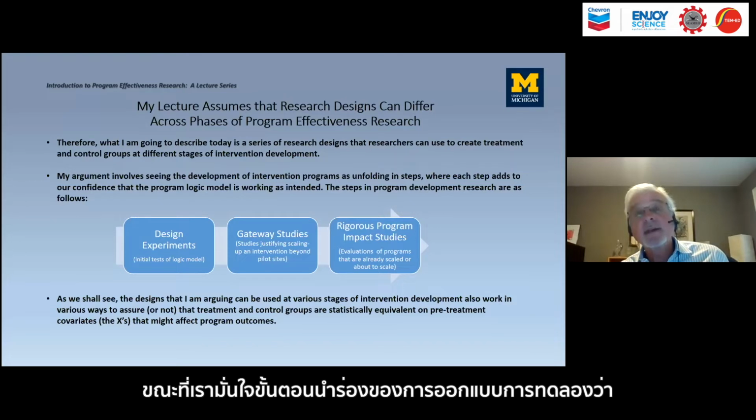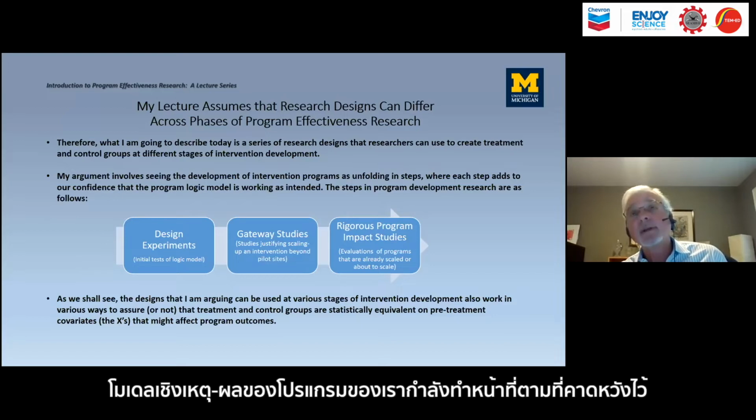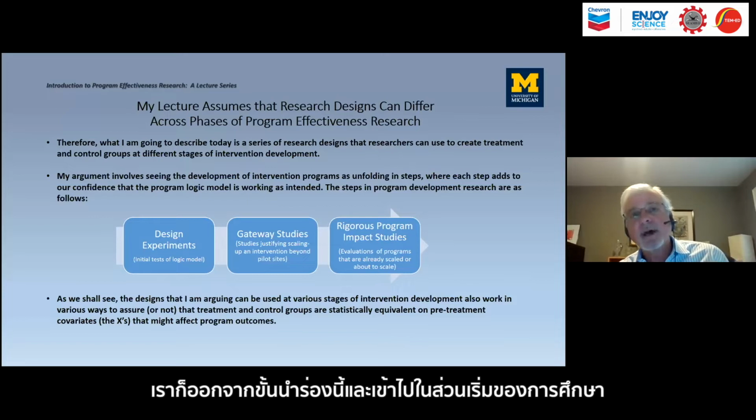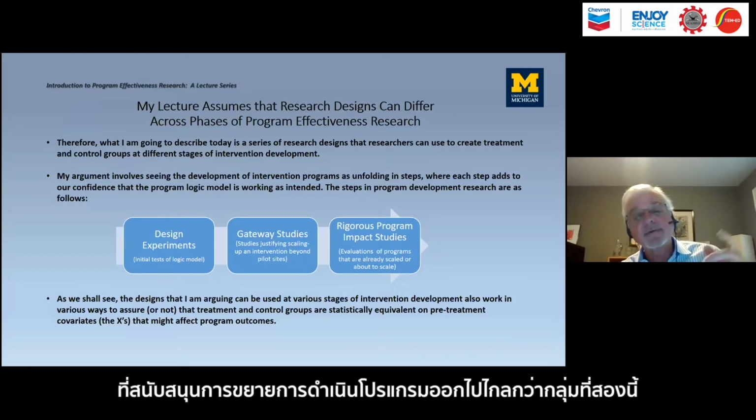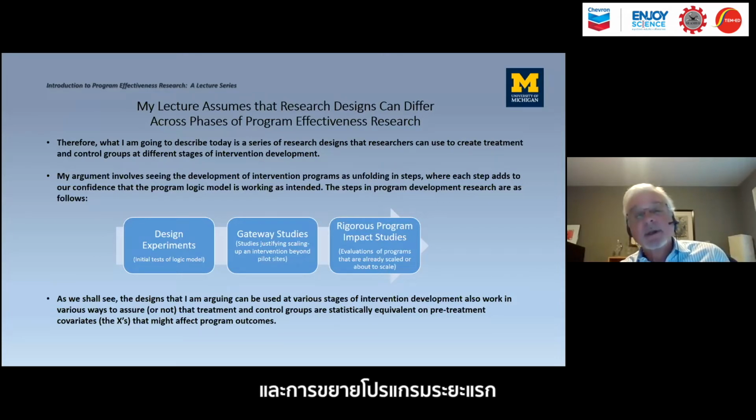As we've satisfied ourselves in the design experiment pilot stage that our program logic model is functioning as we expect, we move outside those pilot sites and engage in gateway studies. And these gateway studies can be thought of as studies that justify scaling up of the intervention beyond this second group of sites, and early scaling.